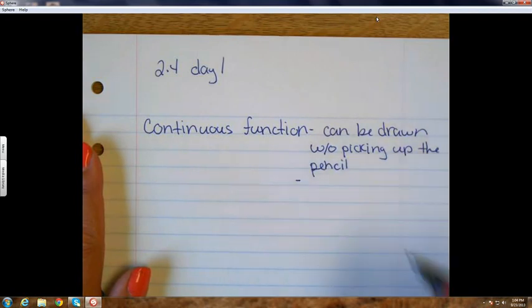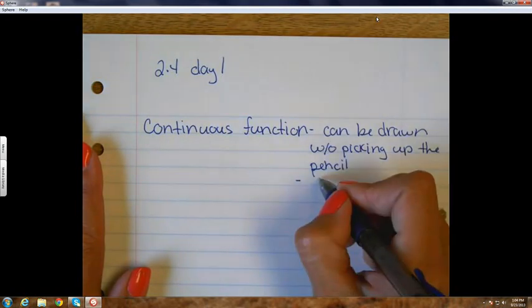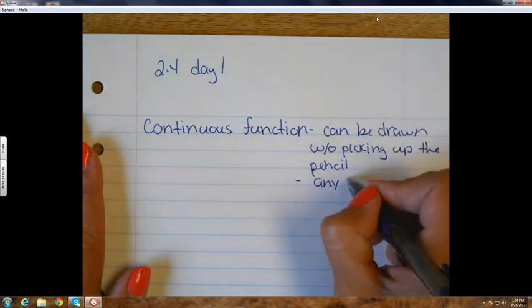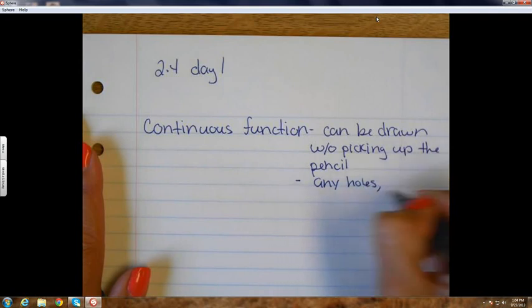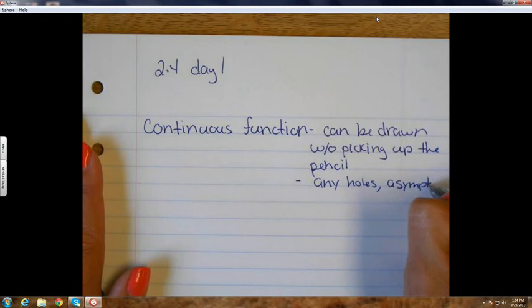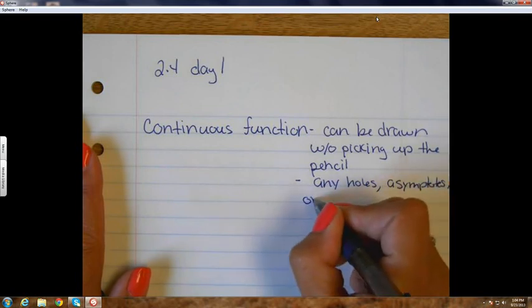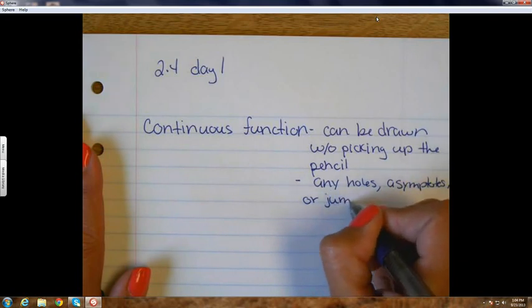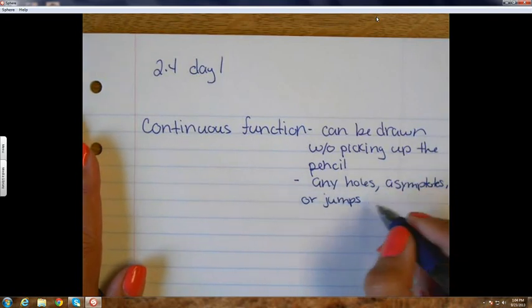If the graph has any holes, asymptotes, or jumps, then it's a discontinuous graph.